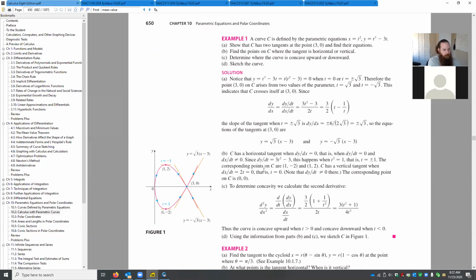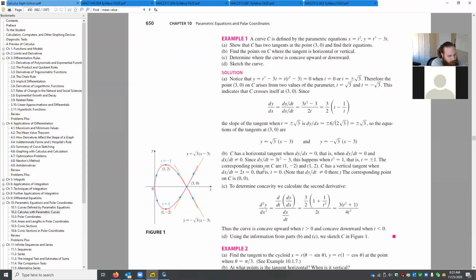We'll do example 1. So we've got a set of parametric equations: x of t equals t squared, y of t equals t cubed minus 3t. I want to do a few things. I'm going to do them out of order here.